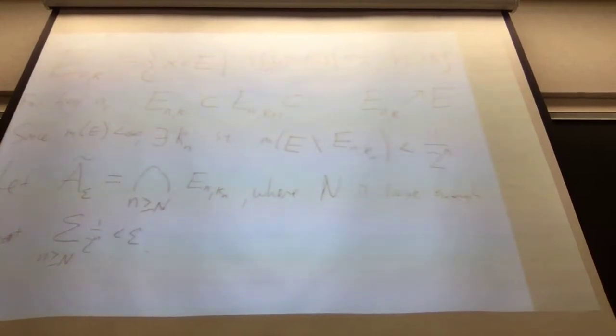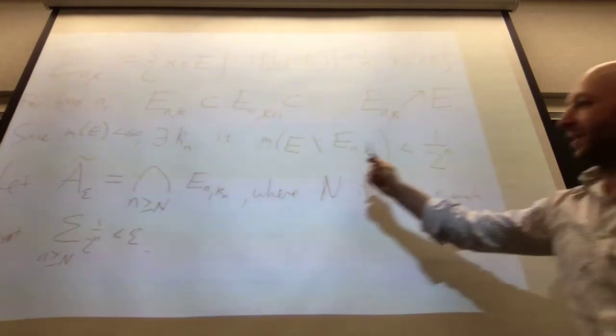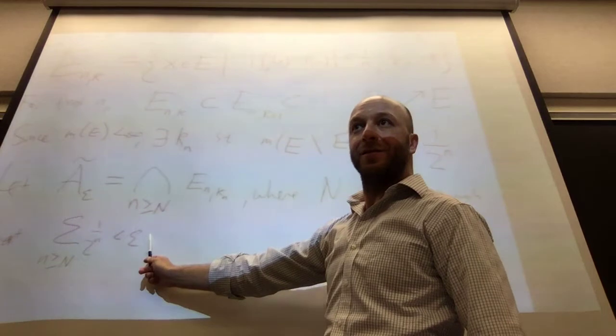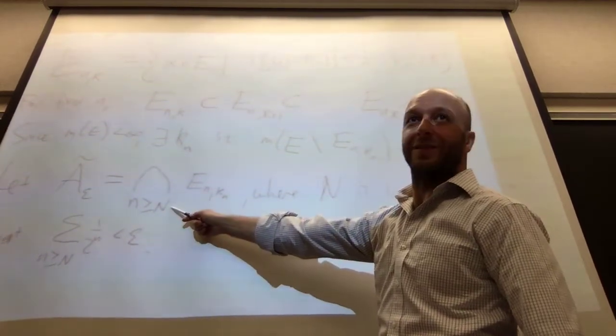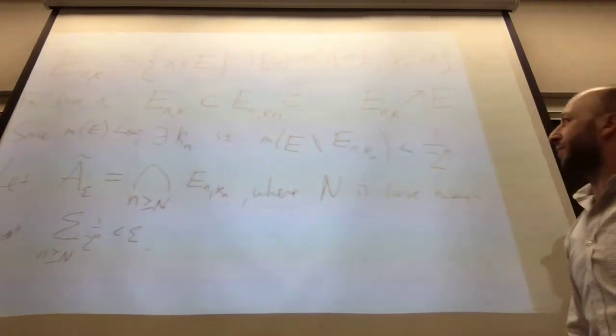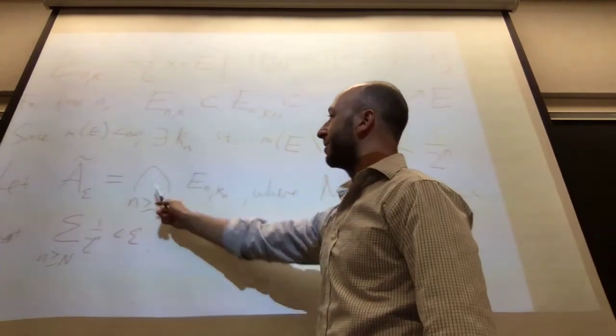Epsilon over 3 or something, but let's not worry about that. In other words, I want to know that the sum of the tails of these measures is small, and I want to take those tails. The sum of the differences to the tails is small, and I want to take all those tails.